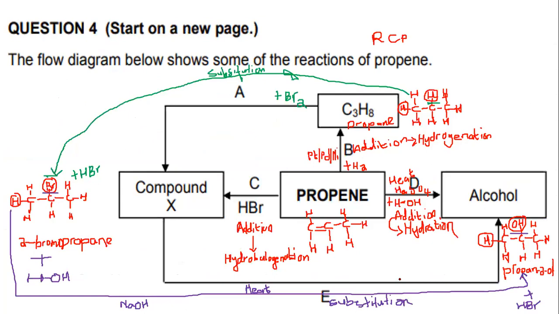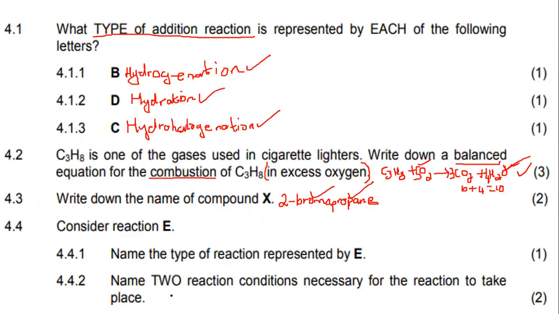Because where it was a Br in the reactant, it is now an OH, so that was substitution. Now, what are the conditions for haloalkanes? We will need a strong base, which is dilute, and we can also have excess water.